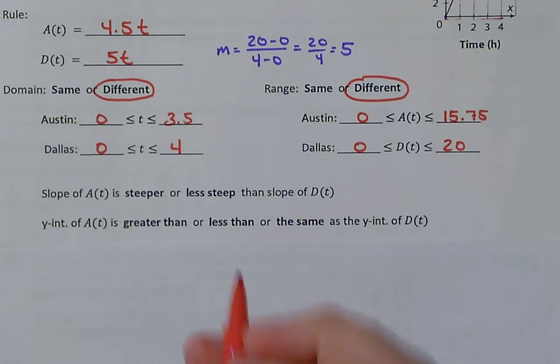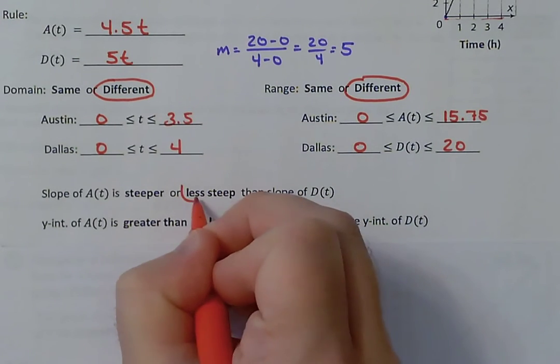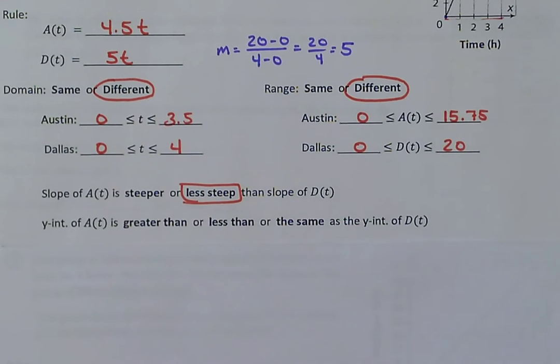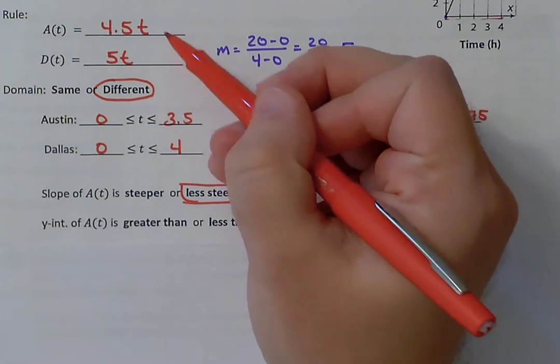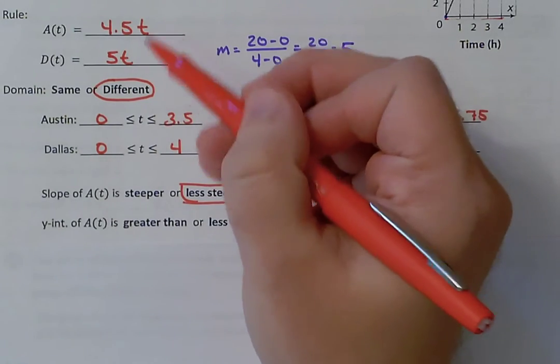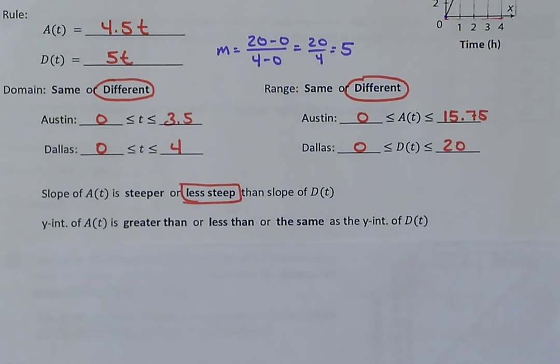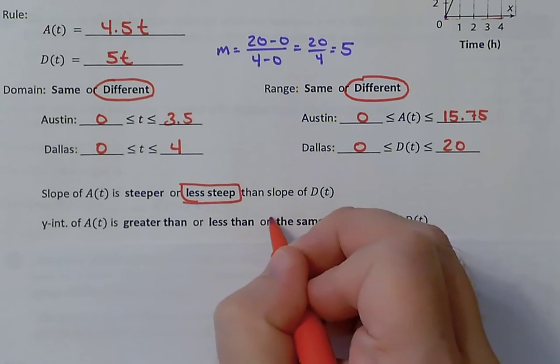It's smaller, so that means that my graph of A of t is less steep, which relates to what we talked about yesterday. And then the y-intercept of A of t, is that greater, less, or the same? The y-intercept would be the plus or minus number at the end of these. Because there is no plus or minus number, that means that they are the same.